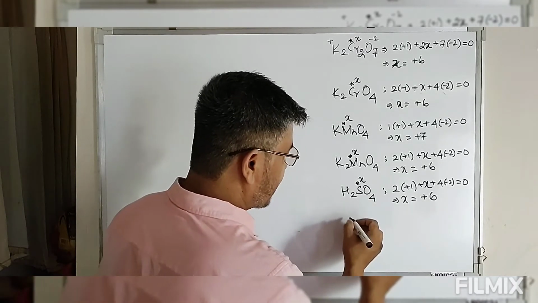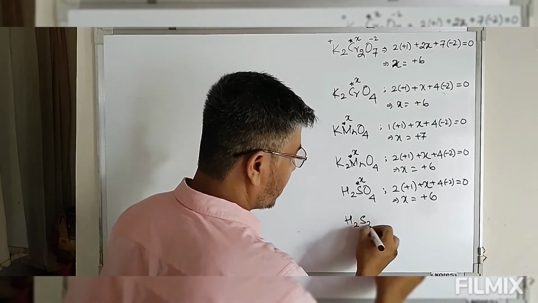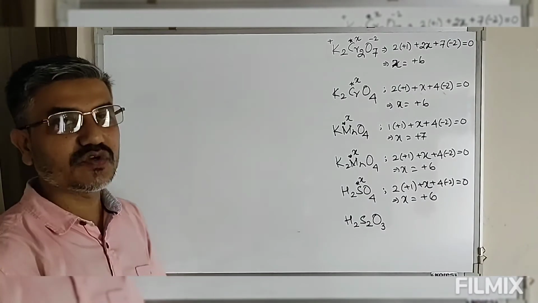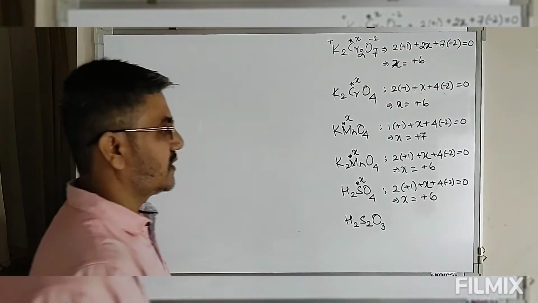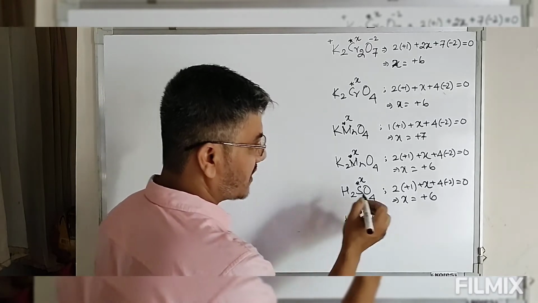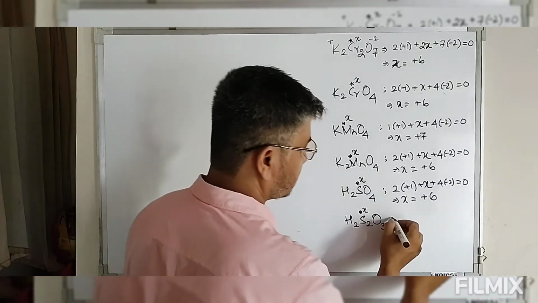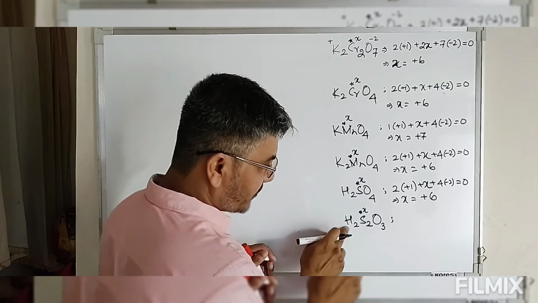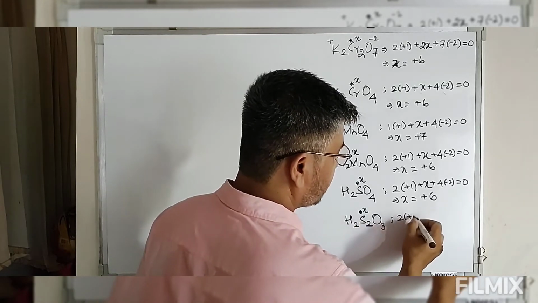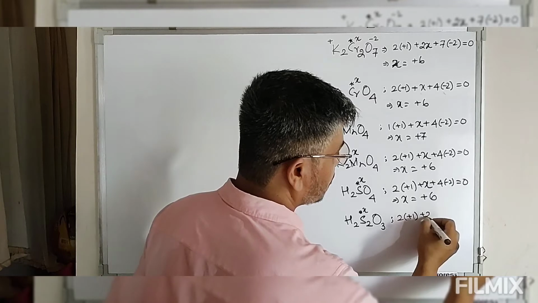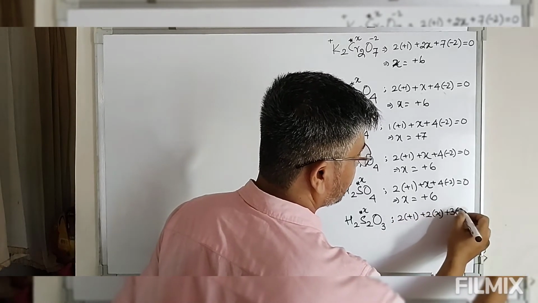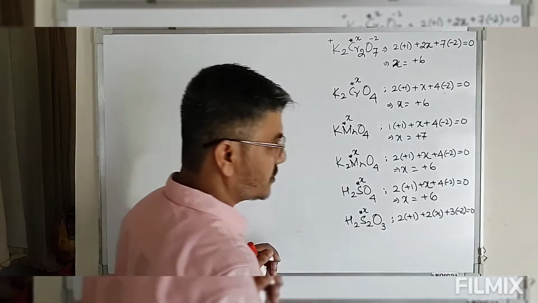Let's take this compound, H2S2O3, thiosulfuric acid. Now we have to find the oxidation state of sulfur. Let's suppose this is X. Again look at this, we have hydrogen bonded to an electronegative atom, so we have 2 hydrogen at +1, plus 2 into X, plus 3 into -2, equals 0.